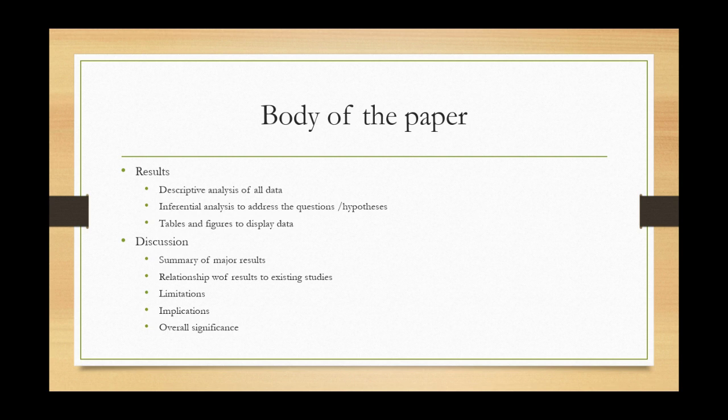Then it is followed by the discussion part. In the discussion part, here you put the summary of major results, and you explain the relationship that exists between your results and the existing studies. Also in the discussion, you put the limitations of your study and the implications for future research. Then you put an overall significance of your study.